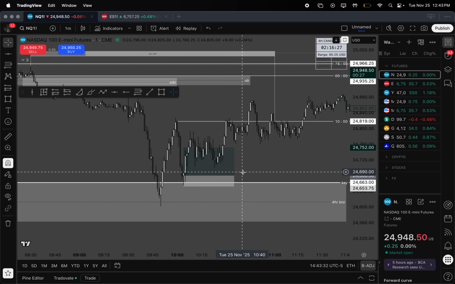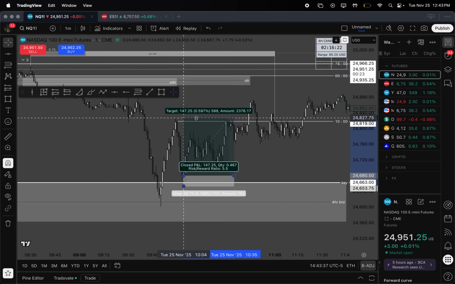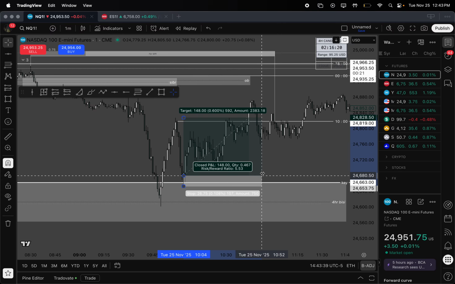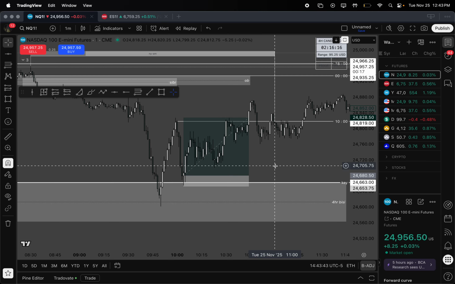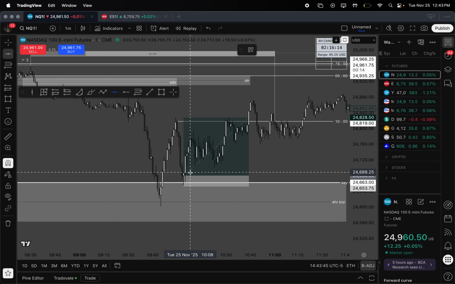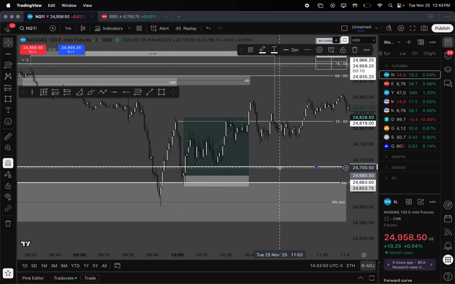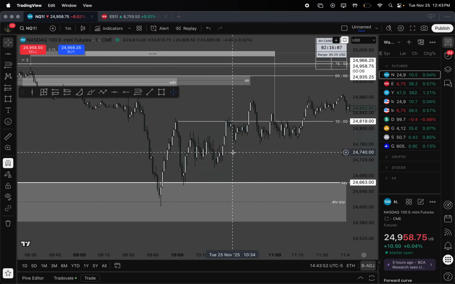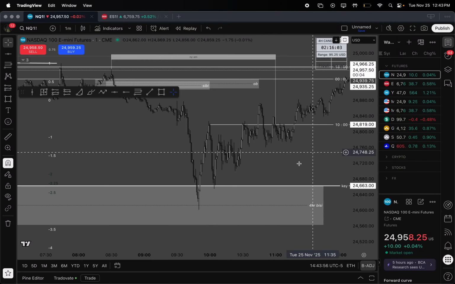Stop was at this low, and then targeting here. And I actually ended up getting stopped out here because I moved my stop to that low, which got just swept. But that trade would have bottom ticked for crazy RR.